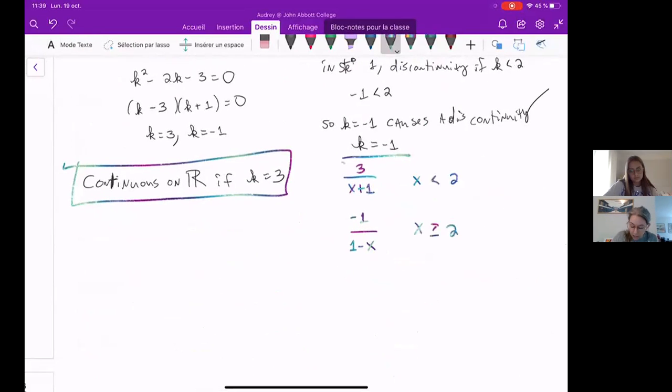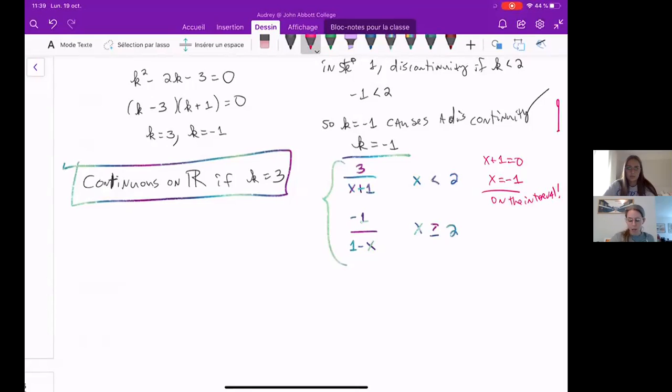And so x does matter. If we were to do step 1, I would have x plus 1 is equal to 0, which gives me x is equal to negative 1, and that is on the interval. Does that answer your question, David?